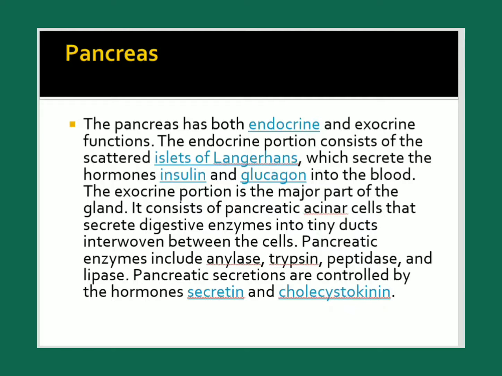Pancreatic enzymes include amylase, trypsin, peptidases and lipases. These secretions are controlled by the hormones secretin and cholecystokinin, and the pancreatic secretions help in the digestion process.